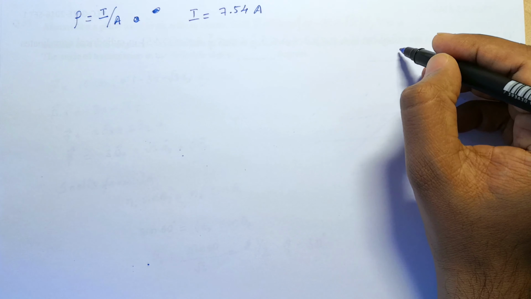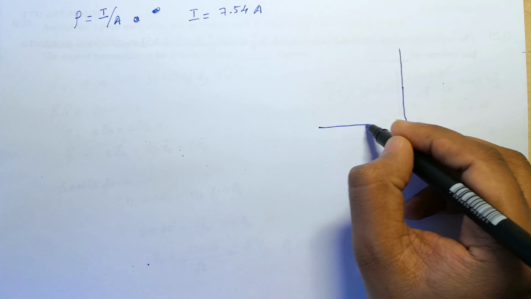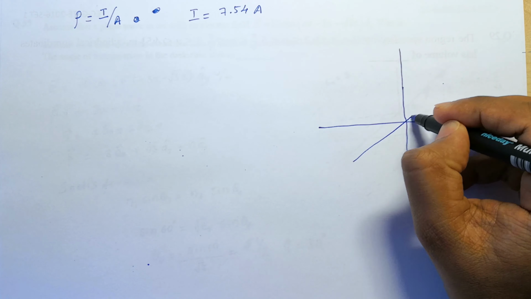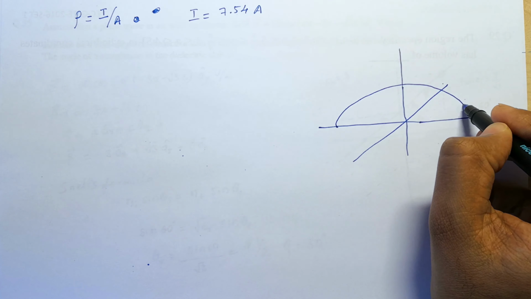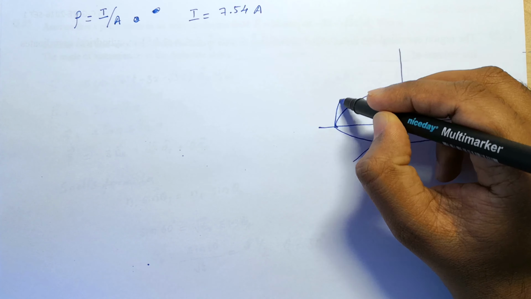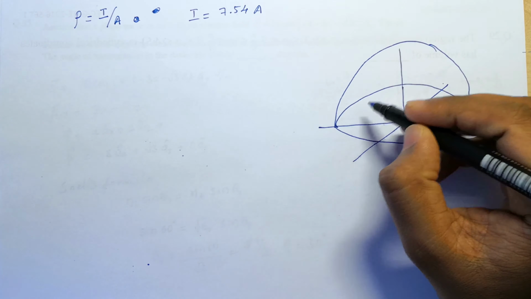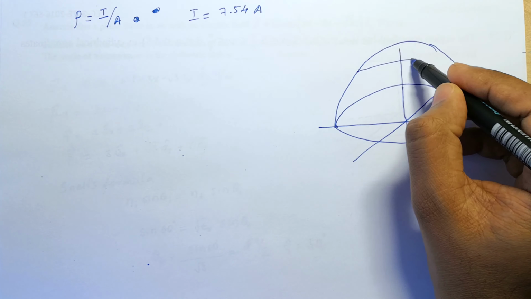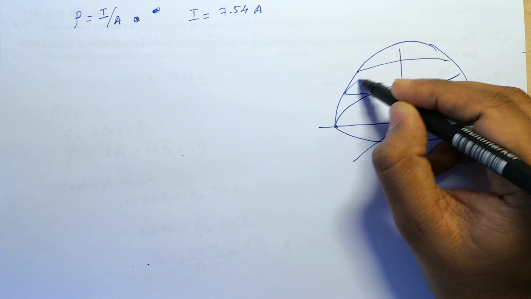So we have to find the area of this portion of the sphere. Let me draw a schematic to better understand this part. What we have here is a sphere, and we have to find the area of the portion which is covered like this.